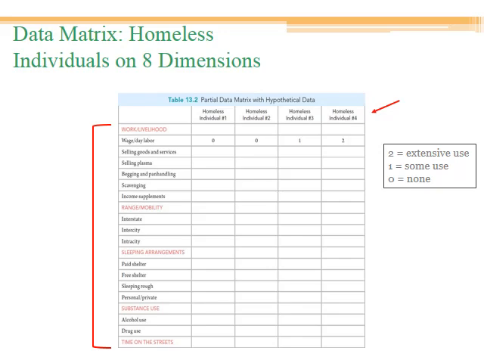For example, work, livelihood, and as you can see, they include various work examples, including wage, day labor, selling goods, and so on. So according to the information here, looking at this first row of wage, day labor, we see that the individuals 1 and 2 do not engage in wage or day labor. So they are noted as a 0. Individual 3 engages in it sometimes, while individual 4 relies on it often.